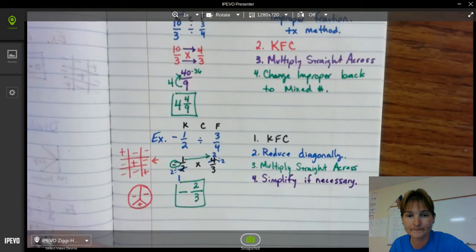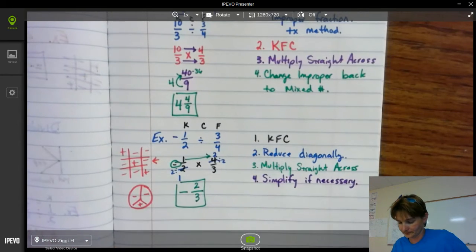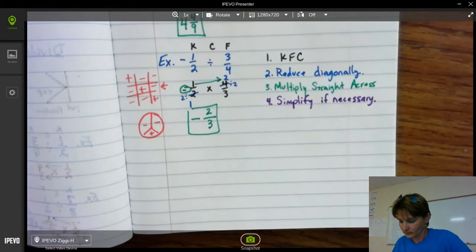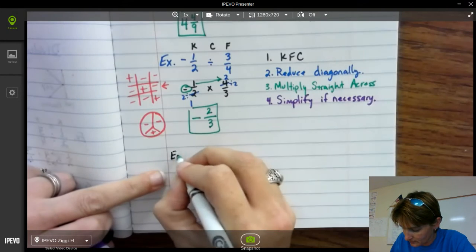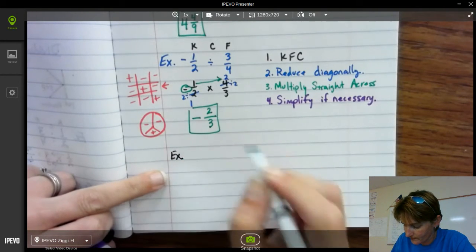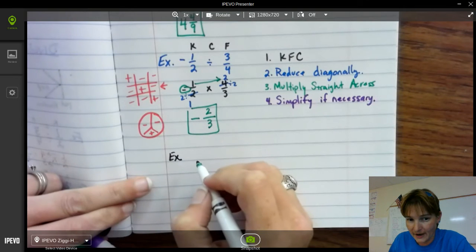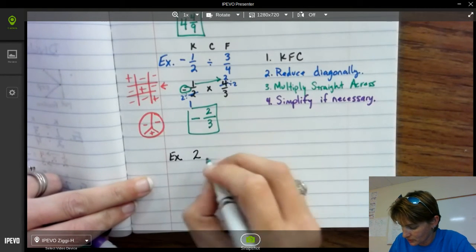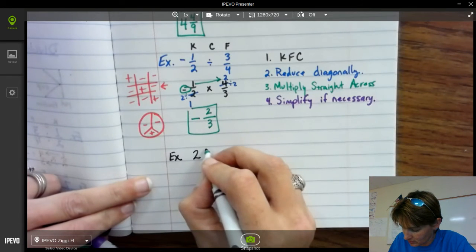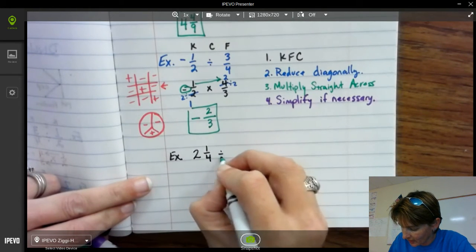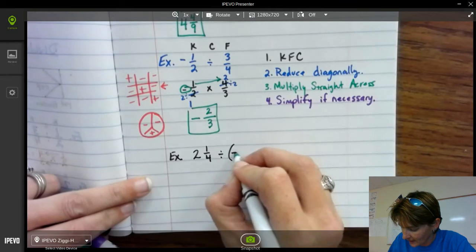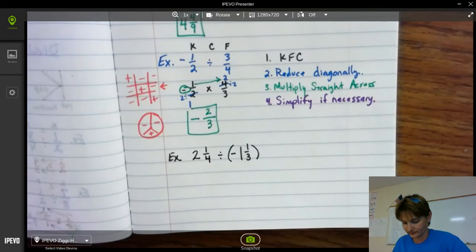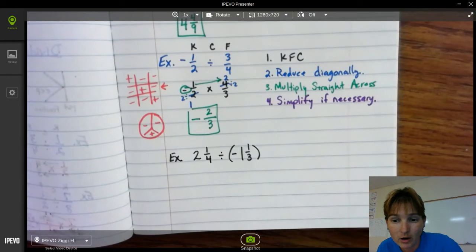All right, let's do one more example. All right, so last example. So what if we have 2 and 1/4 divided by negative 1 and 1/3? Whoa, wait a minute.